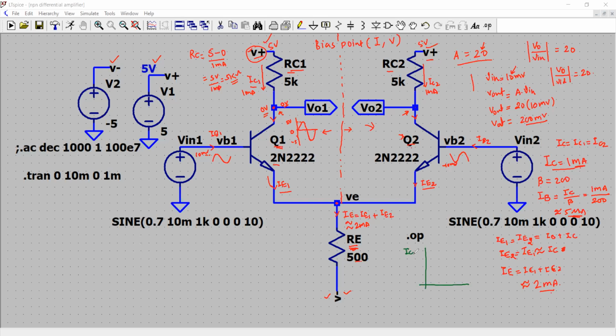You have IC max here, and you have VCE max here, and this is a kind of curve you will generate for a given VBE. Then you want your transistor to be operating to the right of this line, which is your linear or active region, and this region is your saturation region of the transistor. Okay, and then somewhere here you will say, I have a bias point of the transistor.